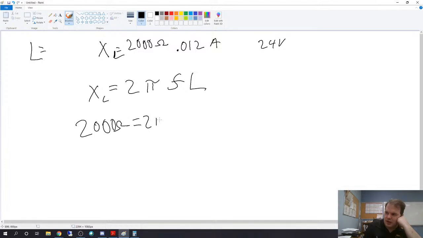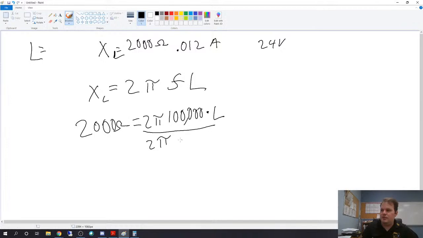So 2 times pi times 100,000 times L. So we need to get L by itself. We do that by dividing both sides by 2 pi 100,000.